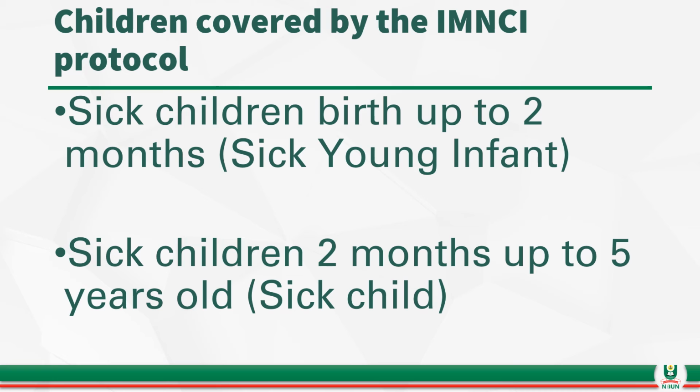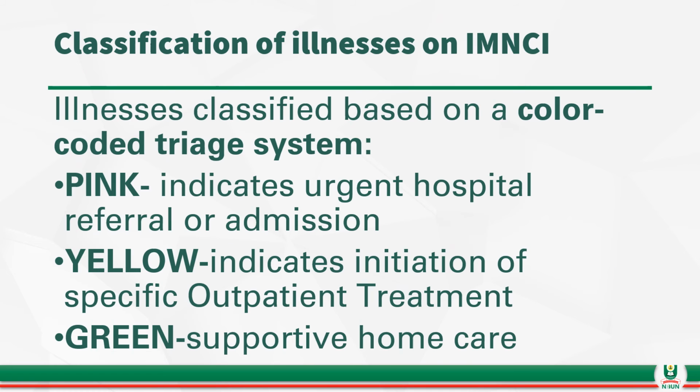They are also categorized as a sick child. So it's not just the young infants, it's also from 2 months to 5 years. Generally, children who are under 5 are covered by the protocol.